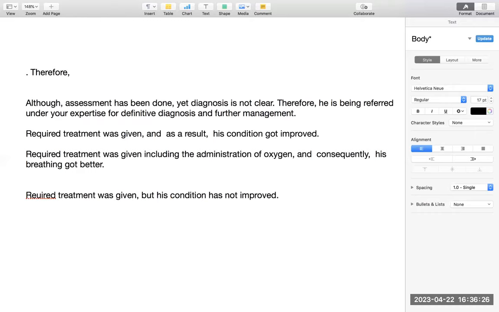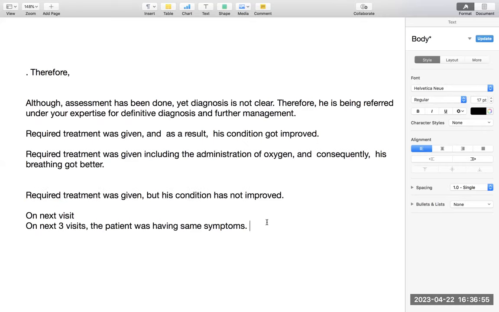Other things that you can use, suppose we want to say on next visit, or on next 3 visits, the patient was having same symptoms. So you can say on subsequent 3 visits.